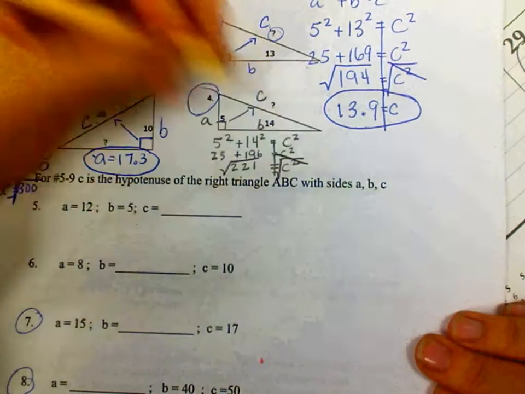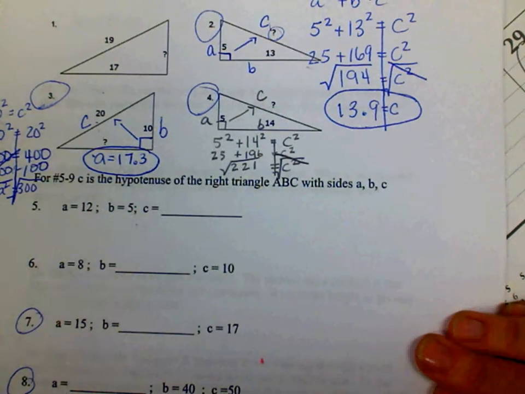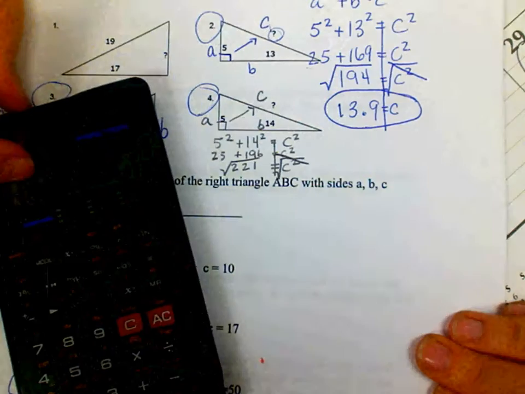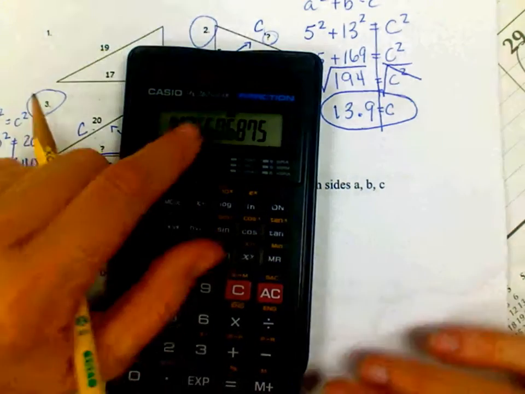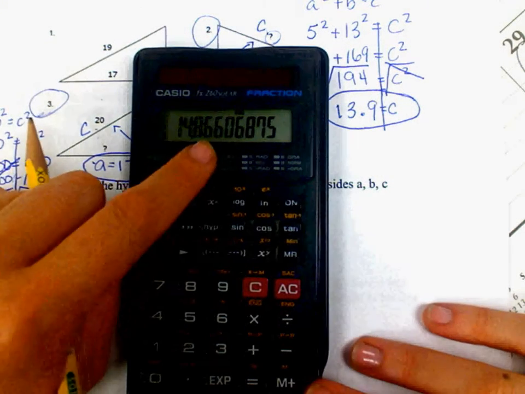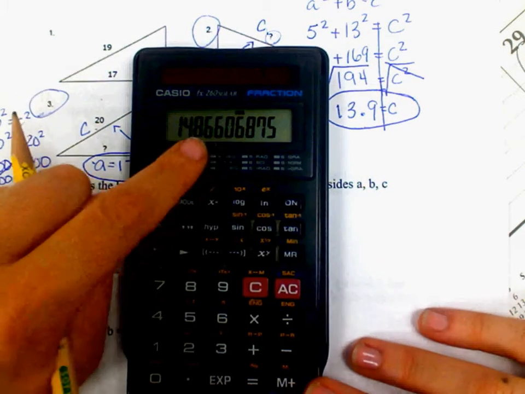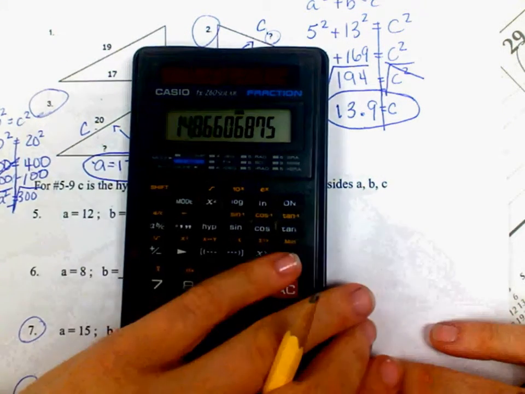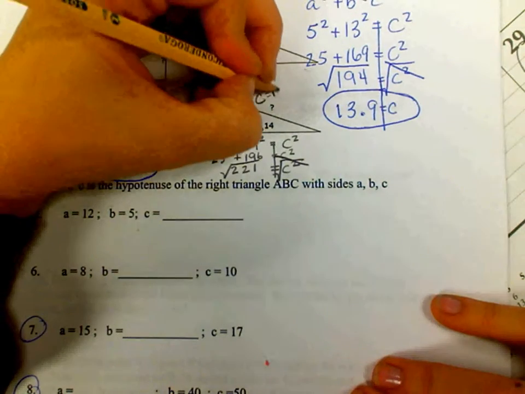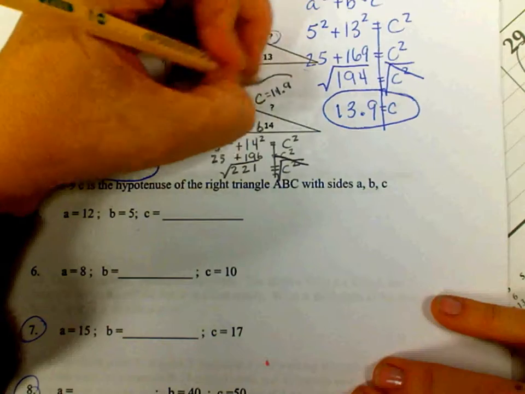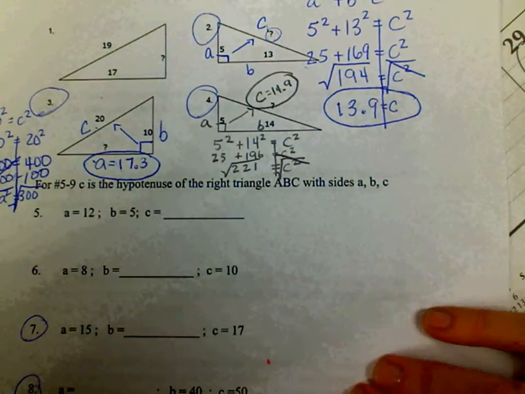So that cancels. And the square root of 221 is 14.86. Now the 6 tells us to round the 8 up to a 9. So we're going to make that 14.9. So C equals 14.9. Okay.